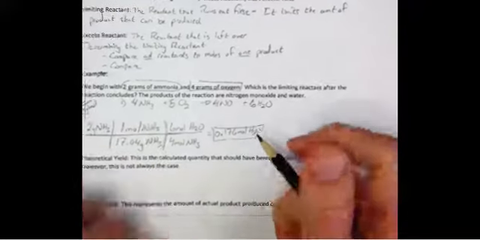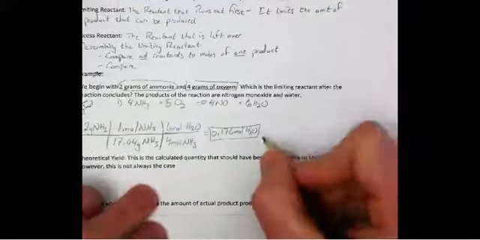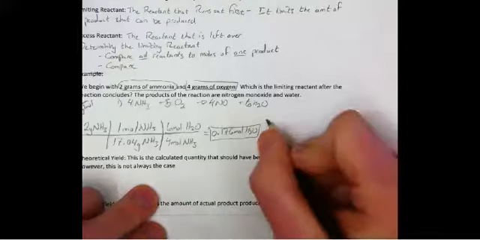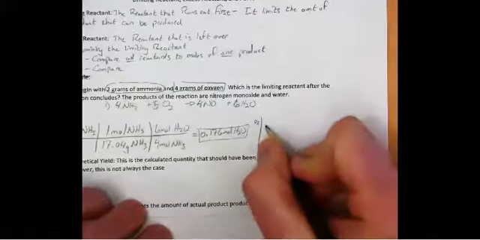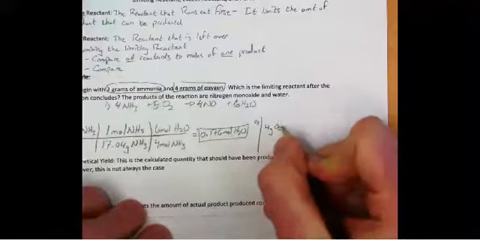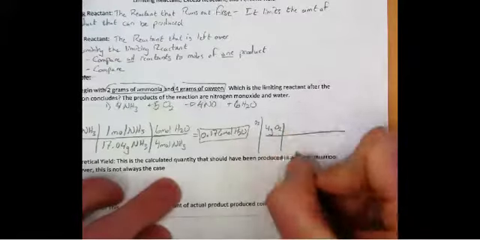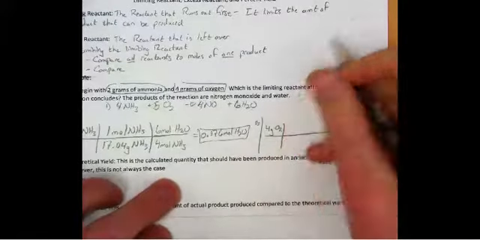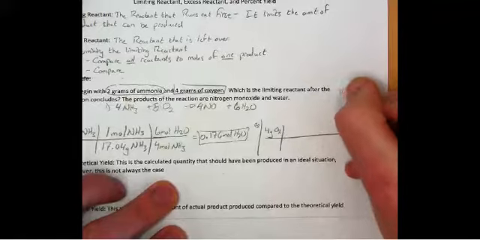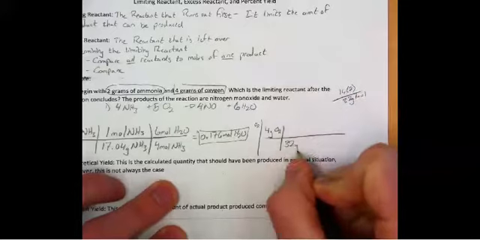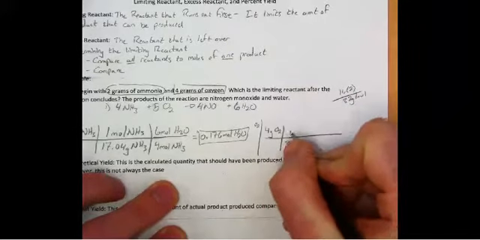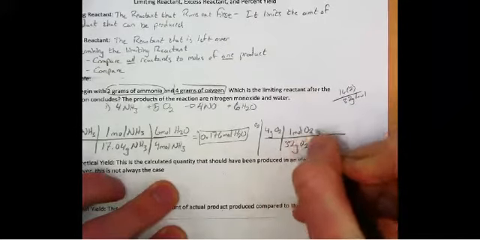All right. Next, let's test O2. If we start with 4 grams of O2, we need to first calculate the molar mass of O2. 16 times 2 gives us 32 grams per mole. 32 grams O2 per 1 mole O2.